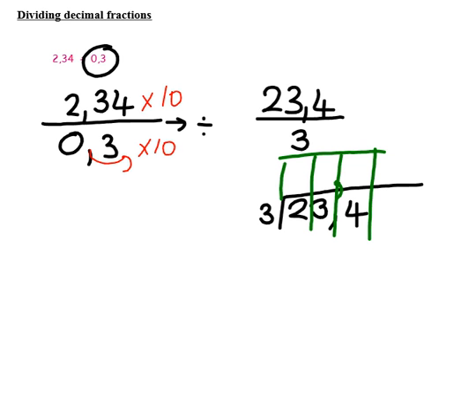Okay, 3 goes into 2. It can't go, so I'm going to put a dot. 3 goes into 23. 7 threes are 21. Remainder 2. Carry your 2 over. 3 into 24 goes? Is there a remainder? No. So that answer would be 7,8.